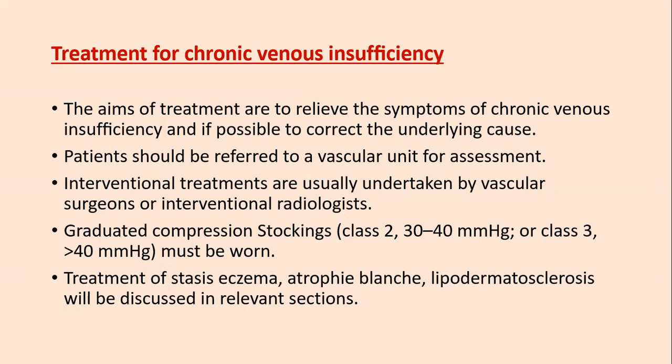Interventional treatment is usually undertaken by vascular surgeons or interventional radiologists. There can be graduated compression stockings, class 2 or class 3. Then the treatment of stasis eczema, atrophie blanche, and lipodermatosclerosis will be undertaken by the dermatologist and will be discussed, or were discussed, in the relevant sections.